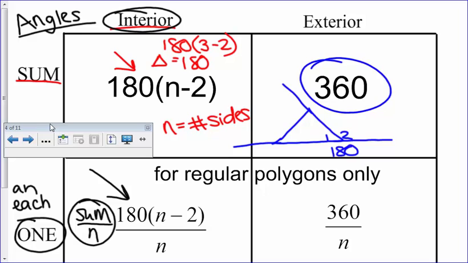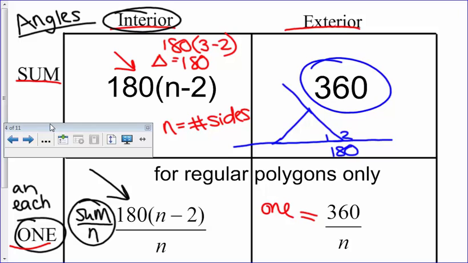No matter what the number of sides is, they always add up to be 360 degrees. Now, if you want just one exterior angle, then you take that 360 and divide it by the number of sides, and that will give you what one exterior angle would be, not all of them. So you need to have these formulas memorized.